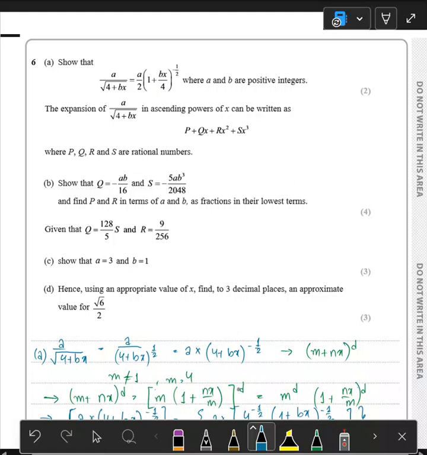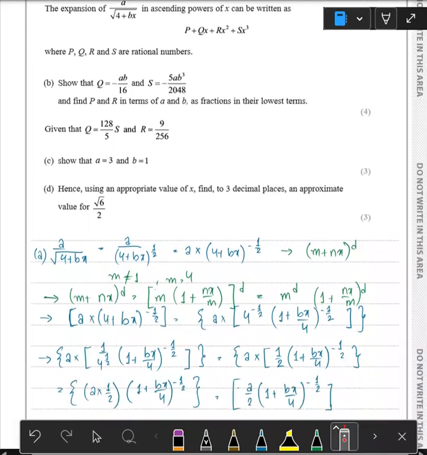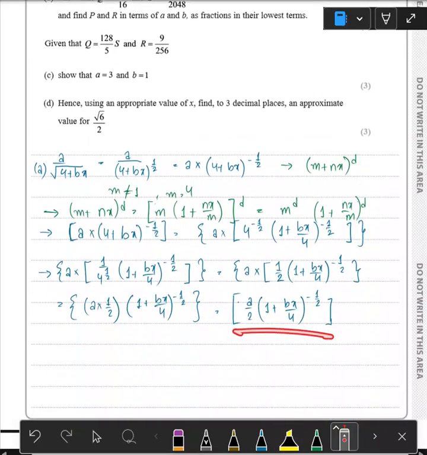And now if you look at it, they asked us to show this, and we have actually shown that now.